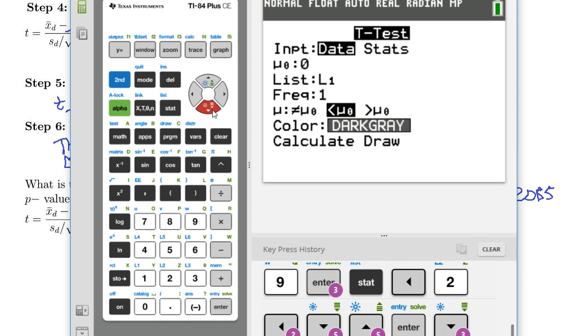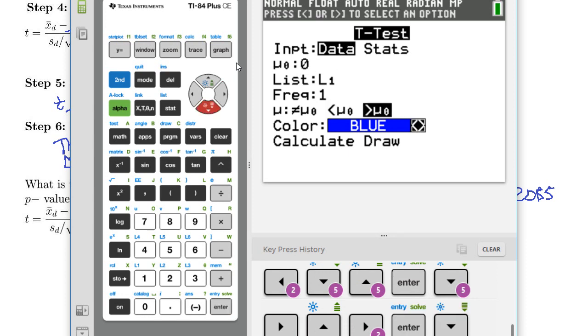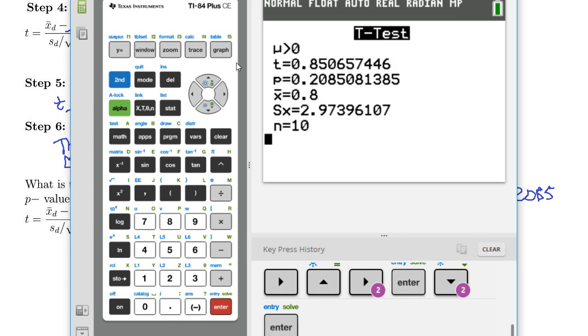And then our alternative hypothesis is a greater than. So highlight greater. Come down and calculate. And there's our test statistic, our p-value 0.2085, and mean and standard deviation. So that's confirming what we did by hand.